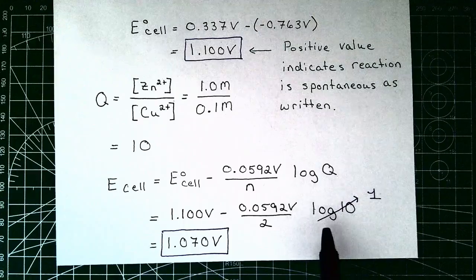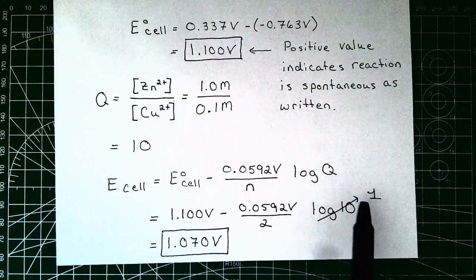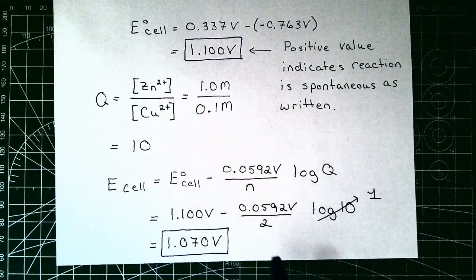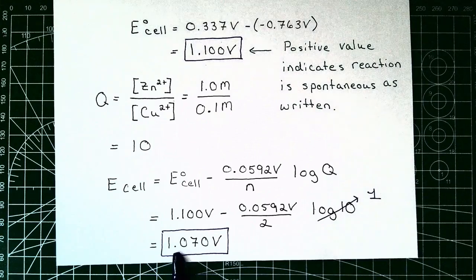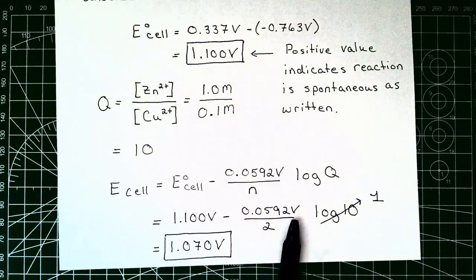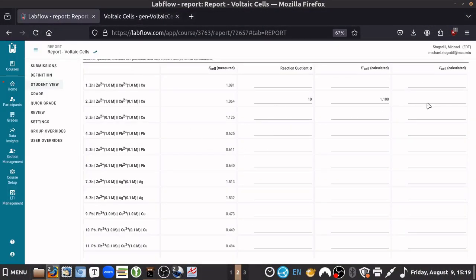In my case here, I chose to just recognize that the log of 10 is 1 to make my calculation easier, but you could just put this whole thing into a calculator if you chose to. And I got out 1.070 volts. And I would enter that right here at E cell calculated. That's going to be 1.070.